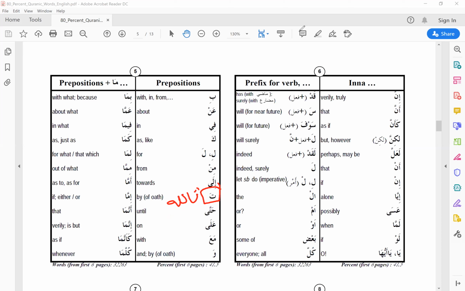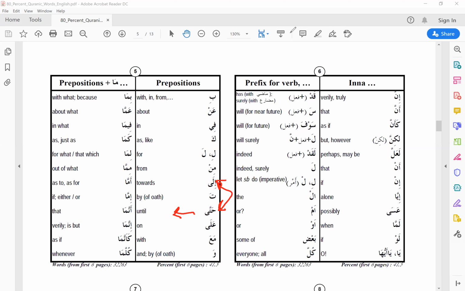Hatta and ila have very similar usages. Hatta, until. But hatta would more come relating to time, and ila would be more relating to place. All right? So حتى العصر, until asr, more relating to time.